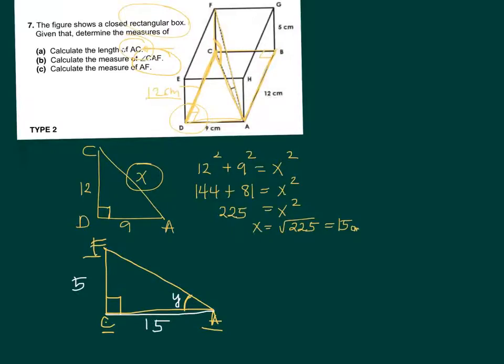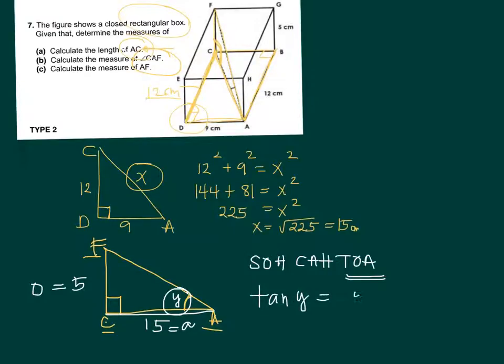Now, if I want to find the angle Y, then I should use the concept of SOH CAH TOA and determine which function I should use to solve for Y. Looking at the sides, 5 is opposite and 15 is adjacent. So my option should be tangent. If I set up the tangent equation, tangent of the angle Y is equal to 5 over 15.